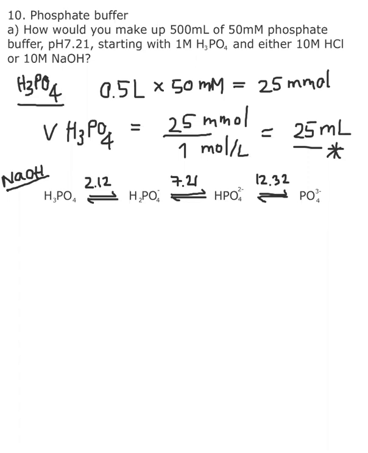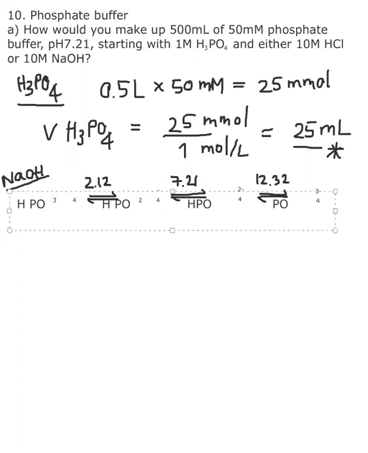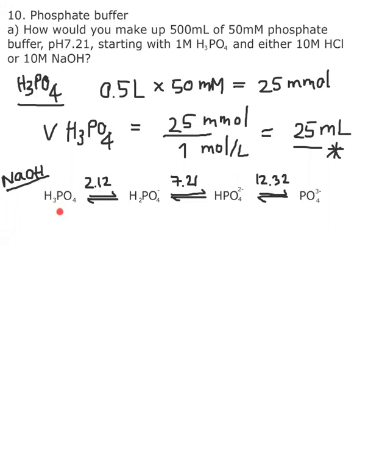We start from H3PO4, and since we don't know its pH, we assume that it's very acidic. The steps are that first you change H3PO4 to H2PO4 minus, and then change it further to HPO4 2 minus.